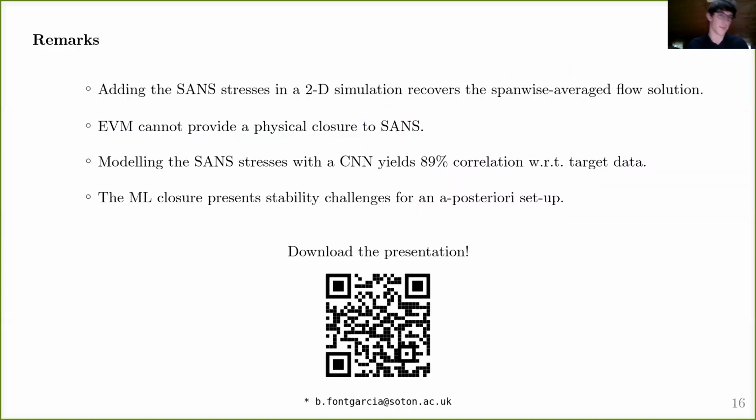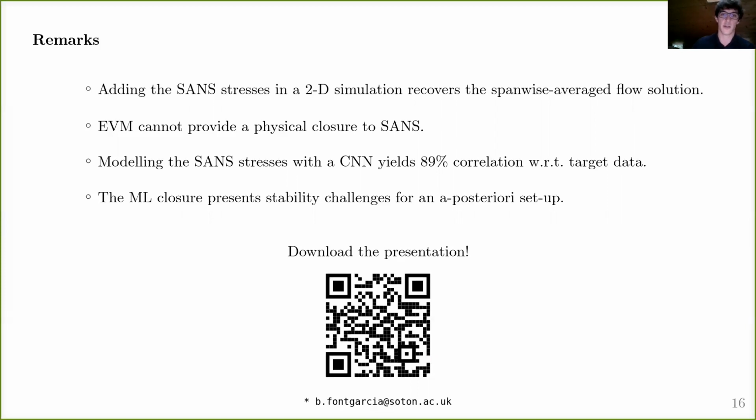Just to conclude, the general ideas that I have introduced are the fact that we are able to run a 2D solver with some additional closure terms that incorporate three-dimensional effects, and this reduces the dimensionality of the problem from 3D to 2D. So there would be a potentially important speed up of the computational time of the original problem.